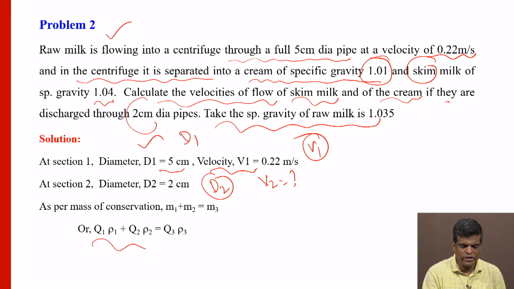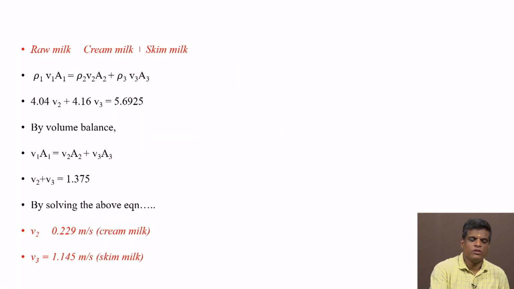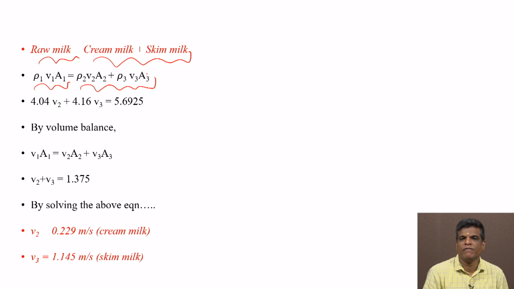This equation we know: Q1 rho 1 equal to Q2 rho 2 equal to Q3 rho 3 is the conservation of mass equation. Raw milk equals the summation of cream plus skim milk. So rho 1 v1 A1 equal to rho 2 v2 A2 plus rho 3 v3 A3, it is the mass continuity equation. You substitute everything and get the value.